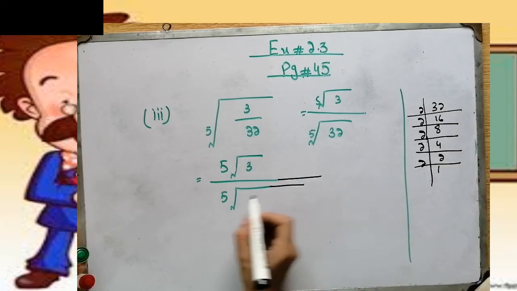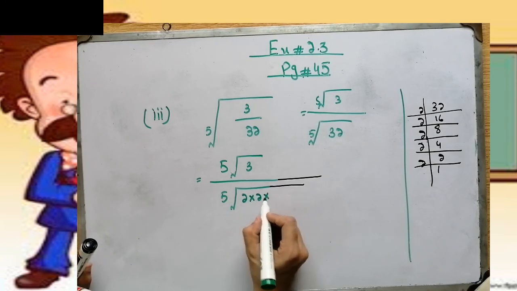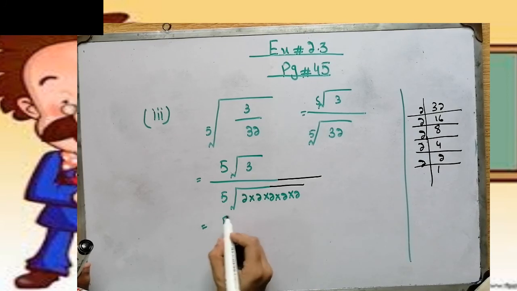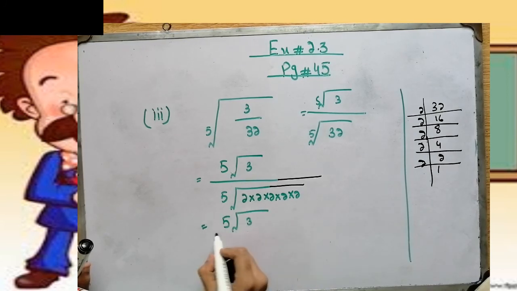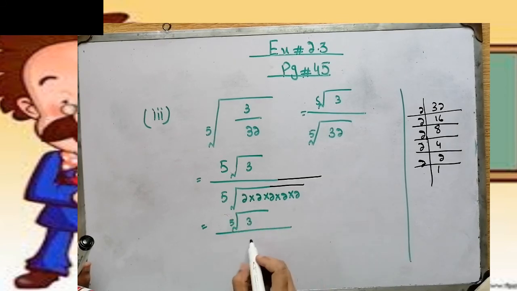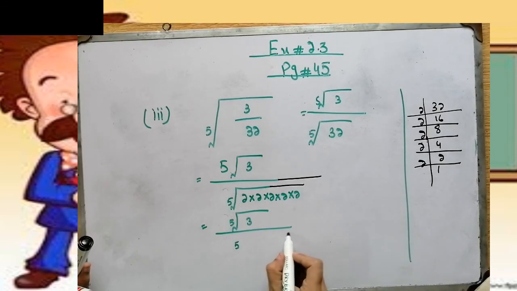Write down here: 2 multiply 2 multiply 2 multiply 2 multiply 2, 5 times 2. So 5. Here we are talking about the fifth root. It means we will make power 5. 2 power 5.